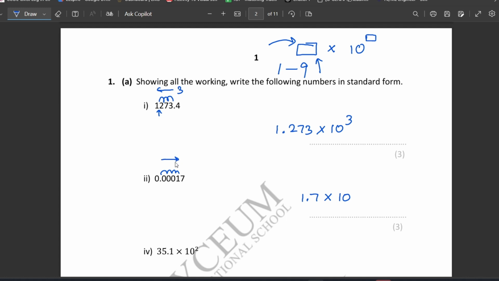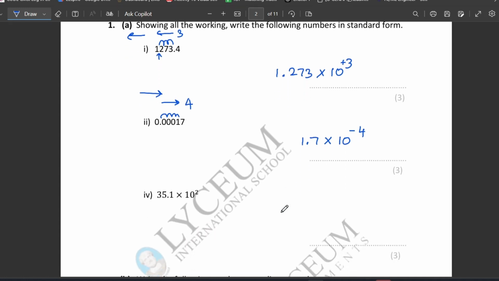We took the decimal point 4 positions to the right hand side. So if we go into the left hand side, we put it as plus. Okay, if we go to the right hand side, we put it as minus.